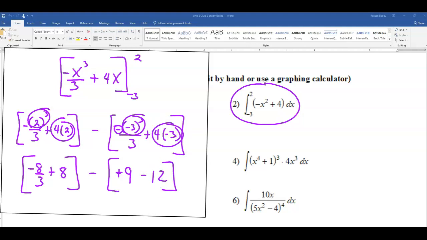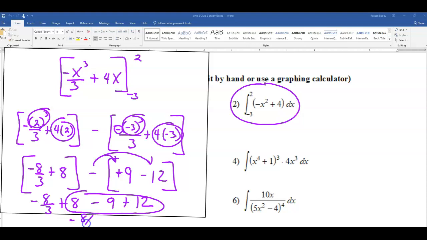We're going to distribute this negative, and after we do that, we can drop the parentheses. And from there, we're just going to simplify. These three numbers we can put together. 8 take away 9 plus 12 gives me, what would that be?